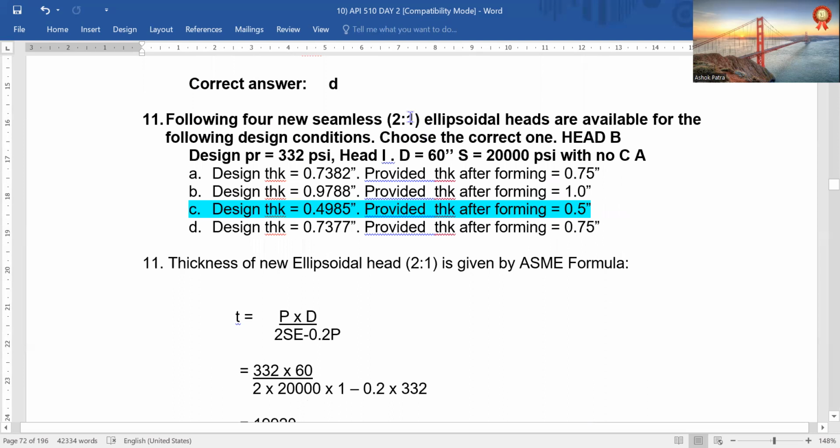Following four new seamless 2:1 ellipsoidal heads are available. Same, you have to calculate 4 times.